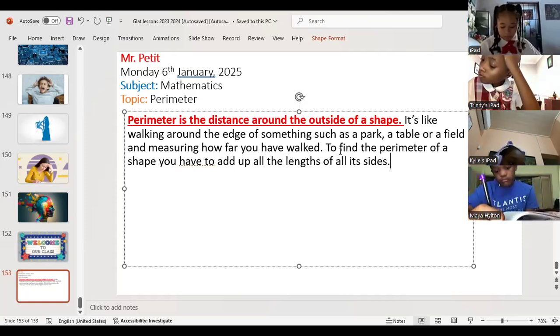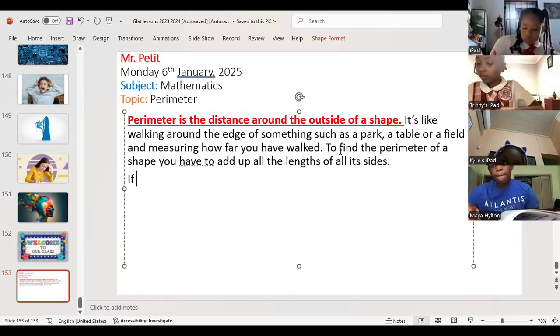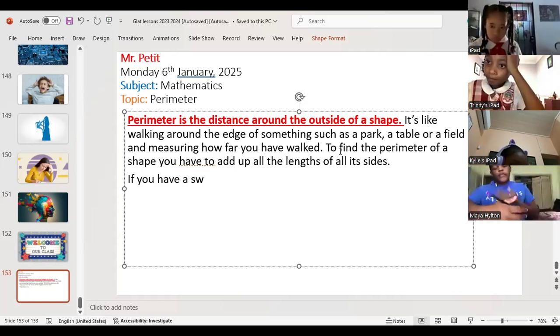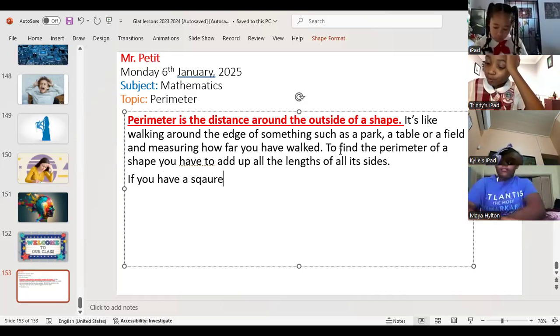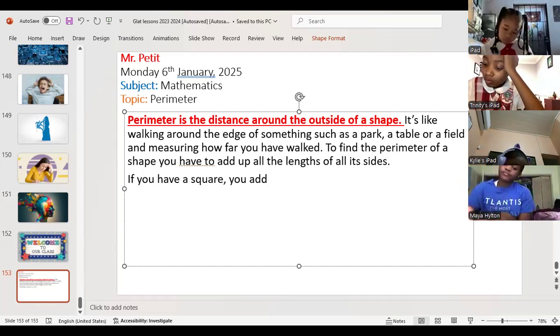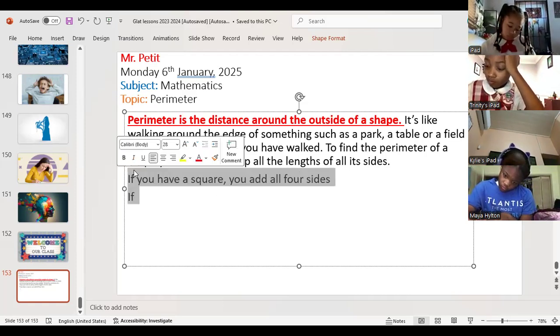All right. So how many sides does a square have? 4. So if you have a square, you add all 4 sides. Maybe I put this in bullet points.